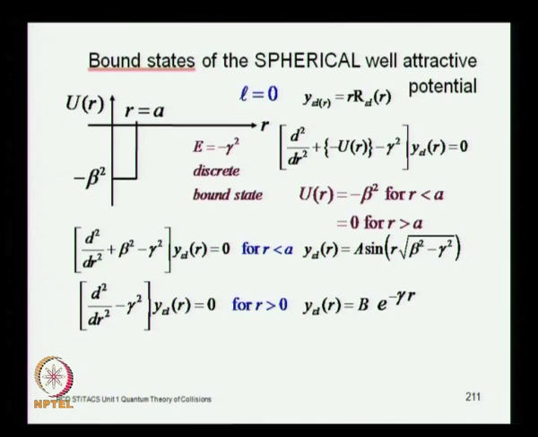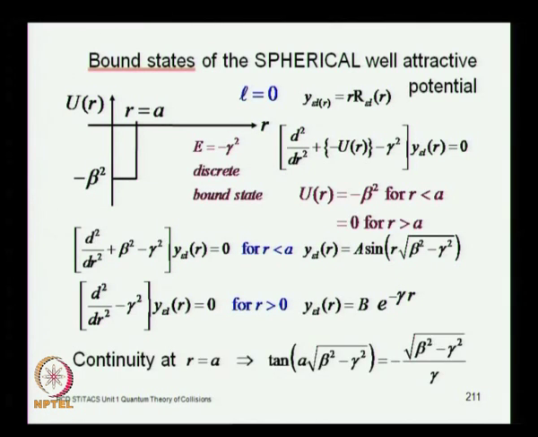So, these are the solutions of the two differential equations for the ranges r less than a and r greater than a, but at r equal to a the wave function and also its derivative must be continuous. So, you just impose the boundary conditions of continuity of the wave function as well as its derivative.